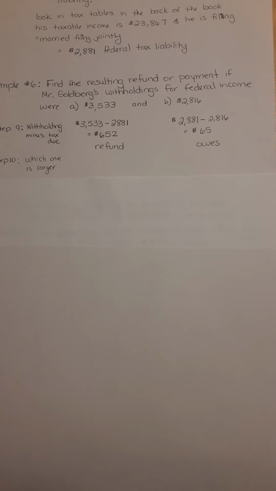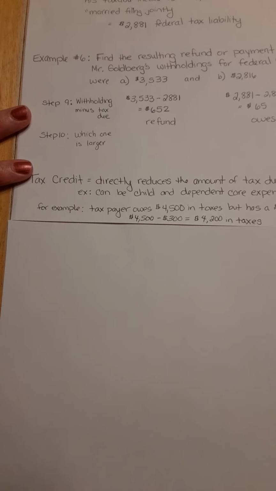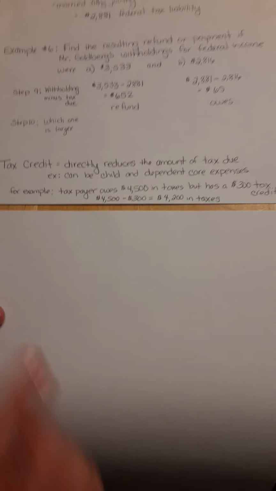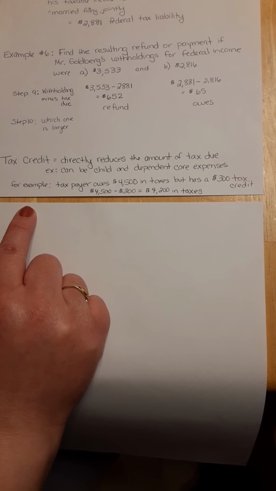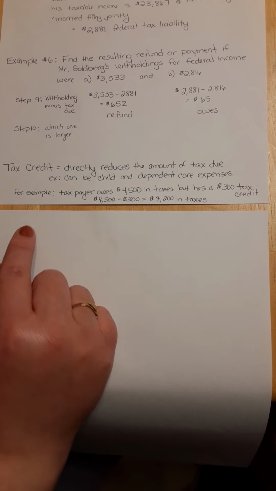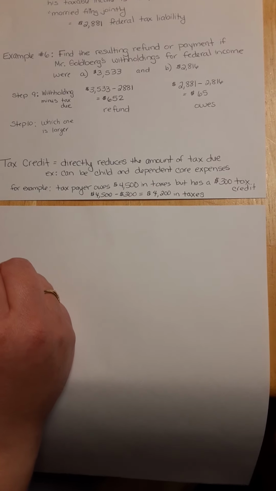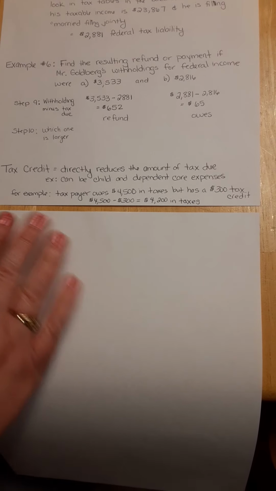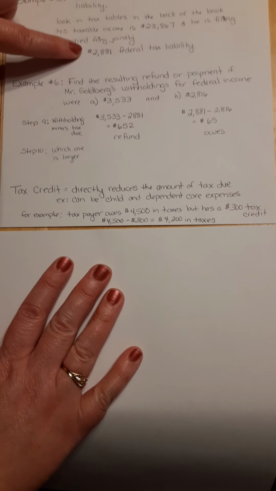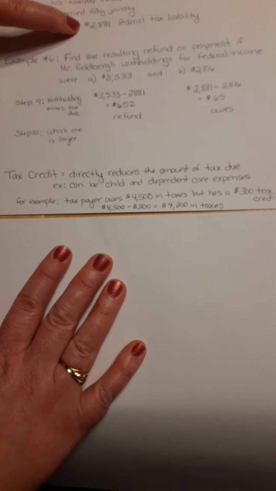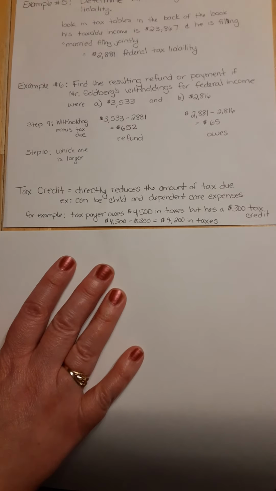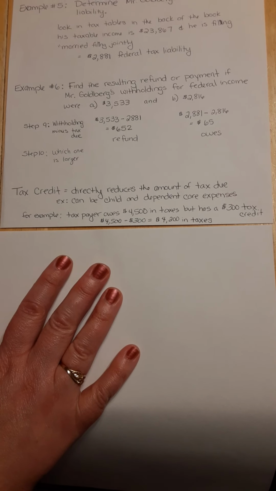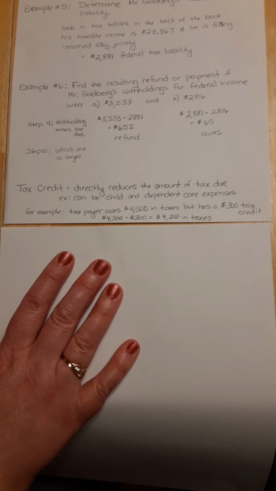There's one little tiny thing that we need to take note of. There's this thing called the tax credit. A tax credit is something that directly reduces the amount of taxes due. Basically we get to this federal tax liability part here, and with that tax credit, we can subtract that total from our liability.